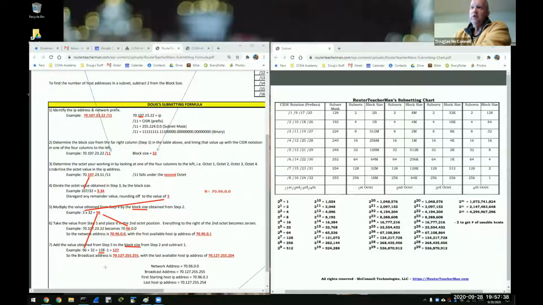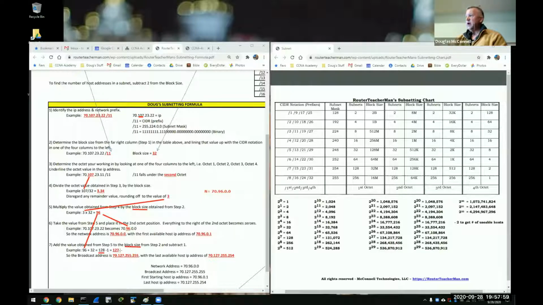Well, because we're trying to determine the broadcast address, we always have to subtract 1 from that value to find the number that we need. And that makes it 127.